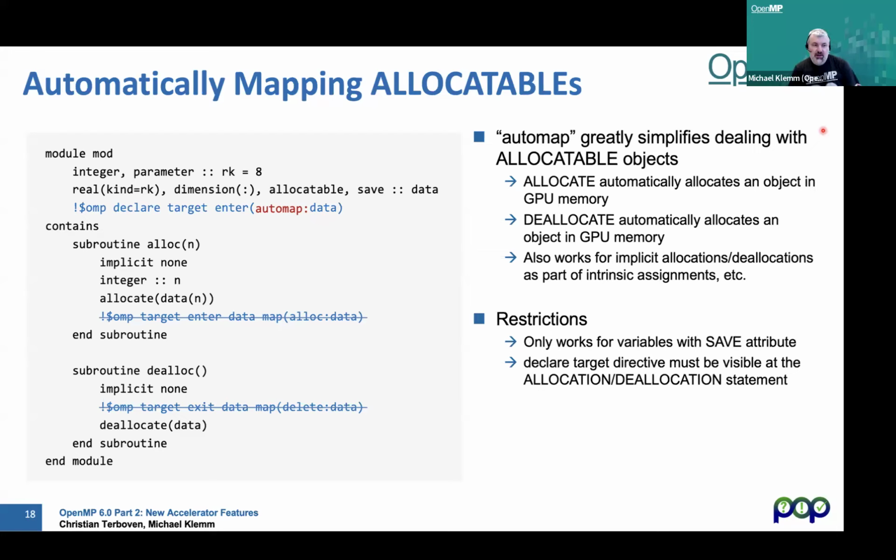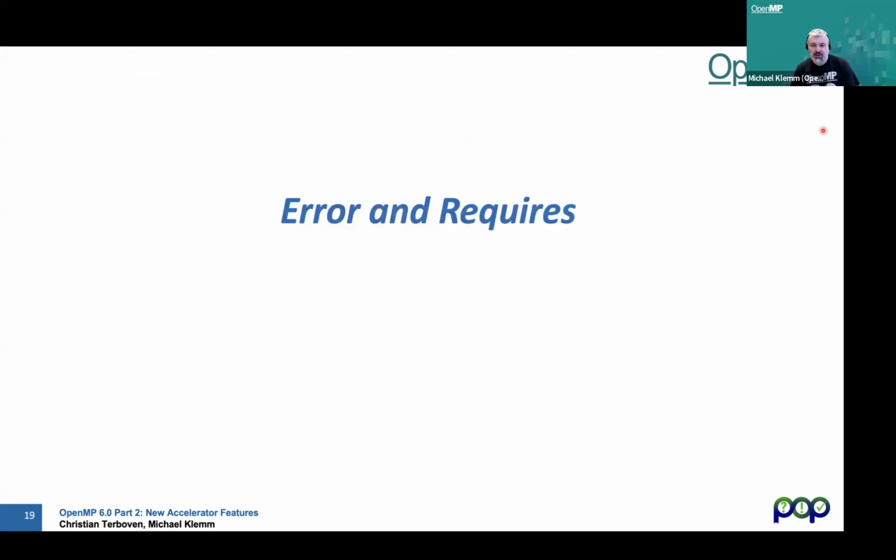So in this case, module scope variables that have the implicit save attribute. I like to be explicit about this, so I put it there. And the declare target directive that you see on the screen must be visible at the allocation and deallocation site, so that the compiler can actually introduce the corresponding mapping statements. All right, back to you, Christian.